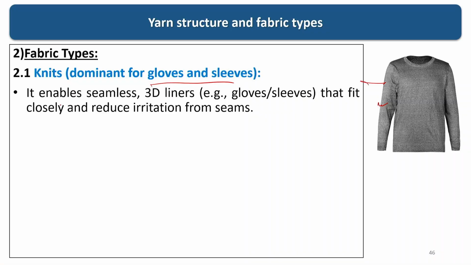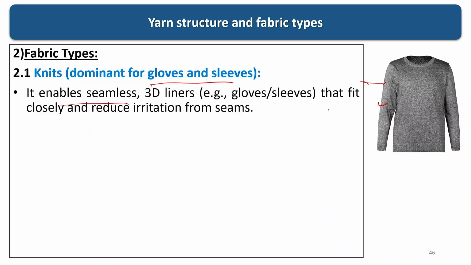So, it enables seamless 3D lines. For gloves or sleeves, seamless gloves, there is no stitching required. That is the advantage: the 3D lines we can produce, and knitted garments are nowadays also produced from this type of cut protective yarns.